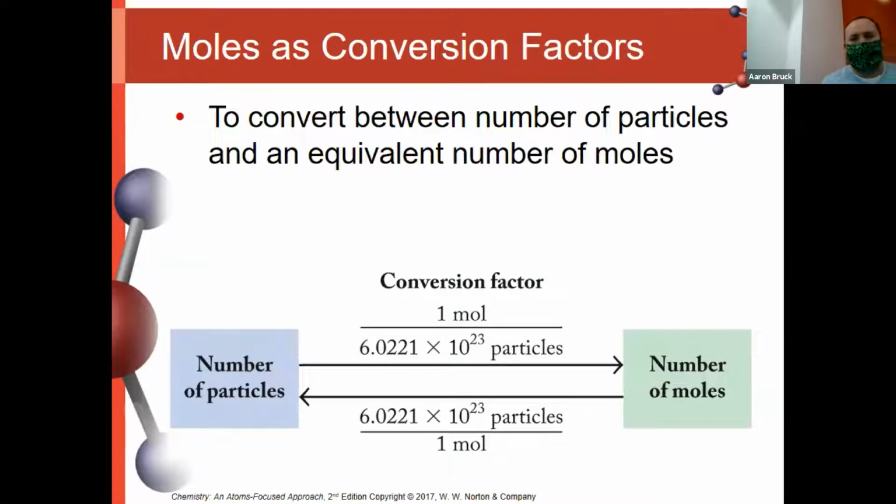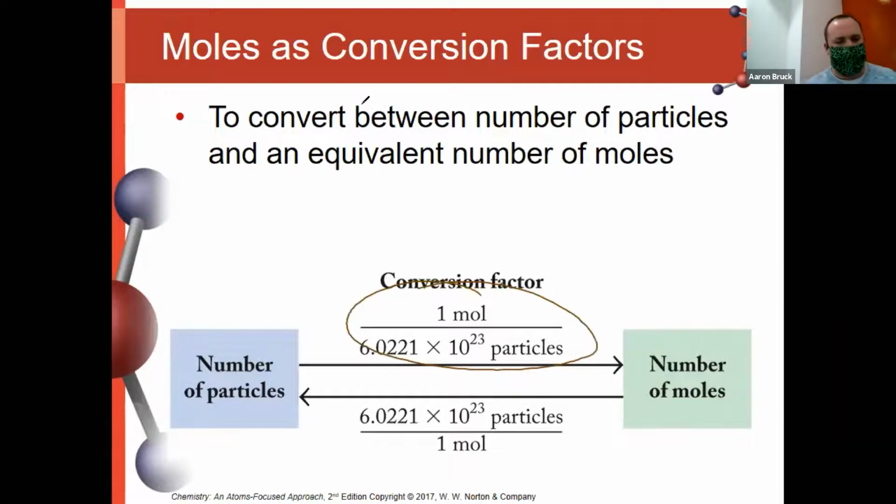And so we introduced in that video online a couple of different ways of doing conversions. If we are looking at the particulate world, if I have a number of particles of a substance, and I want to convert that to moles, I'm going to use Avogadro's number as a conversion factor to do so.